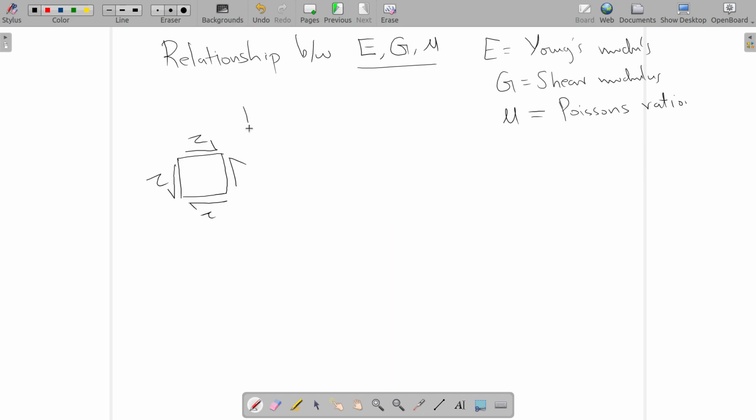What is pure shear? Pure shear is the case where you only have shear stress, no linear stresses.